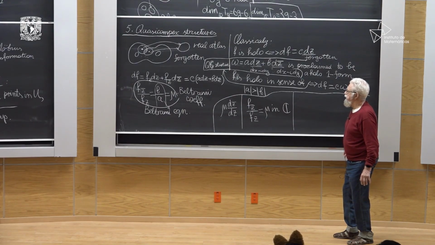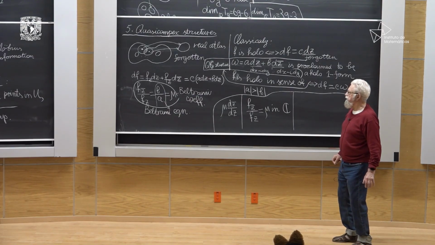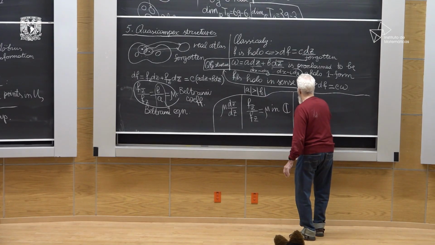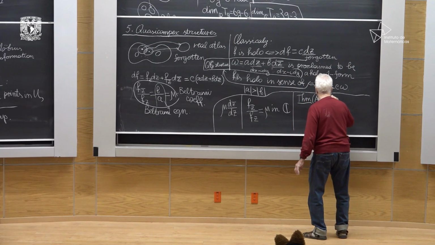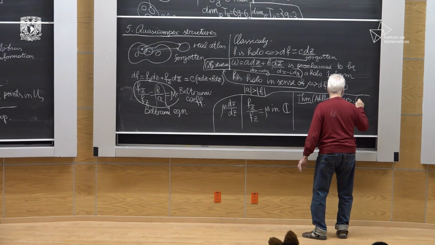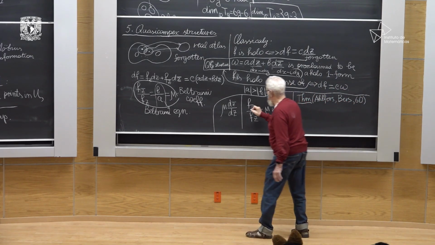Ahlfors and Bers proved a theorem that was sort of a breakthrough in the theory of Riemann surfaces. The theorem of Ahlfors and Bers is the following. This is equation 1.